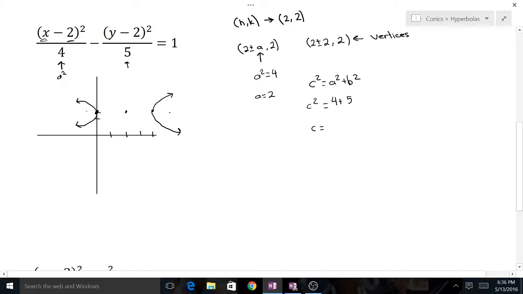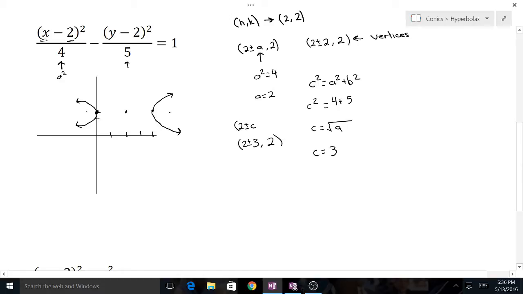So c equals the square root of 9. So c equals 3. So then we have our c value. So now we can do our foci, which is going to be 2, because that's h, plus or minus c, which is the 3 now. So it'll be 2 plus or minus 3, and then y will stay the same, just constant at 2.